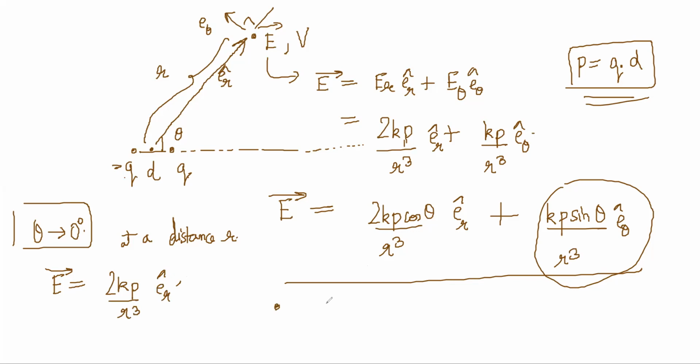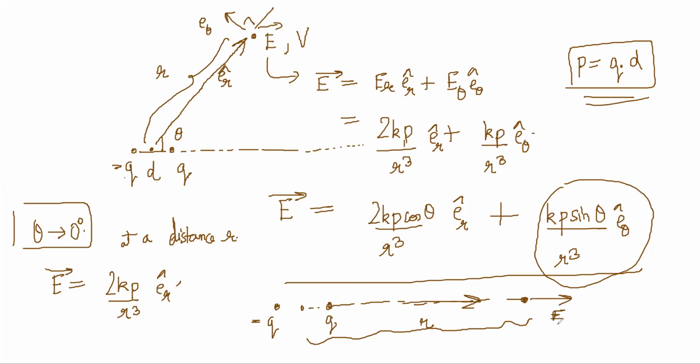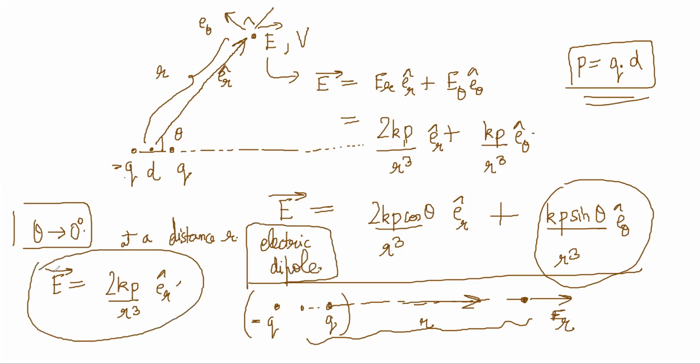In this case, the e_r direction would be like this, with minus q here, and this point is on the axis. So this is the axial field at this distance r, and this is the direction of your e_r vector. So the field is in this direction. This was the case for an electric dipole. Just remember this: for an electric dipole, the field it creates at an axial point at a distance r is this.